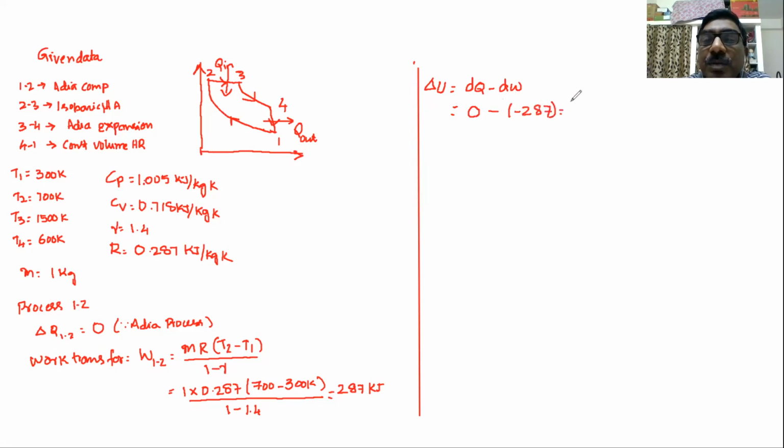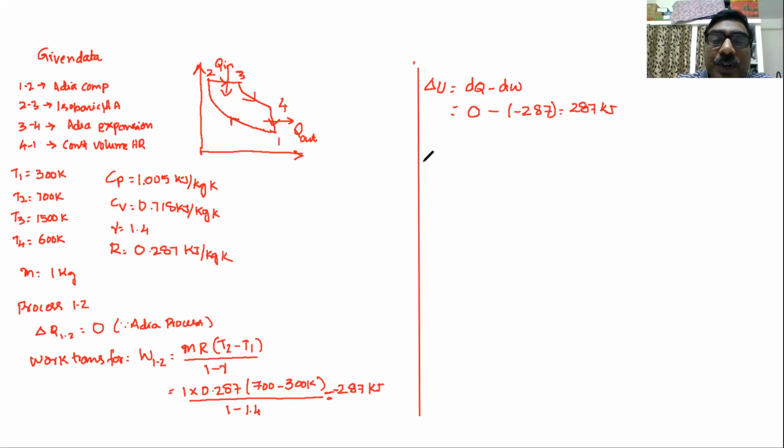So this is equal to 287 kilojoules. That means the internal energy has been increased because the compression has taken place, so obviously the energy of the system will increase.